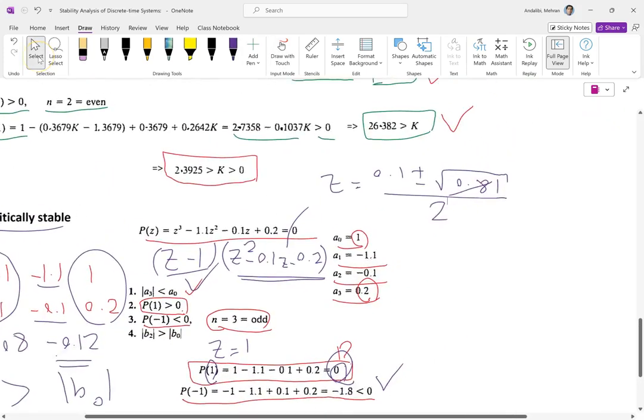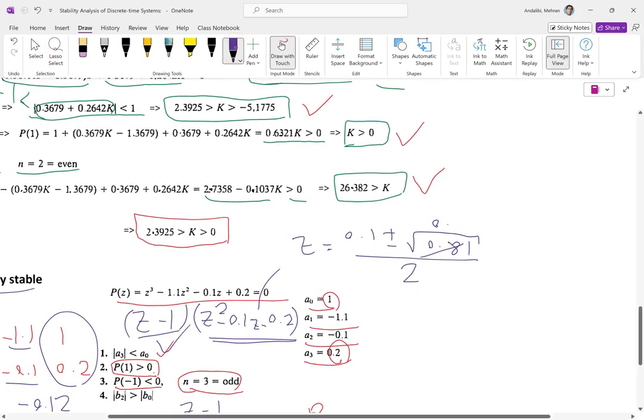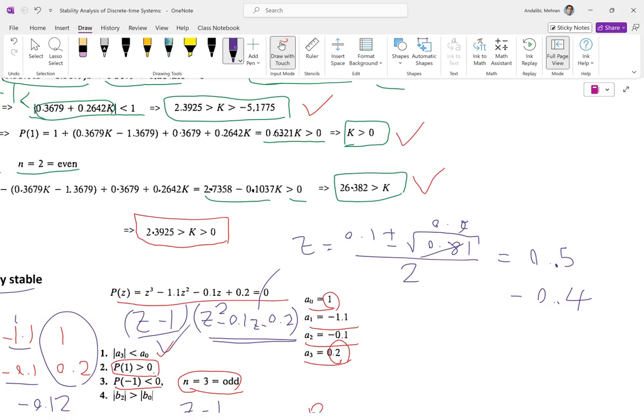And of course, one of the roots is going to be like 1 over 2. So one of them is like 0.5. And the other one, with negative 0.8, is going to be negative 0.4. So you see that one of the roots is on the circle, the 2 other roots are inside the circle, and clearly the system is what? It is critically stable.